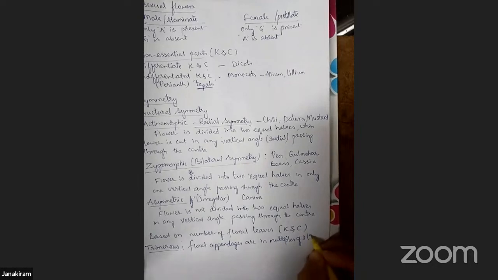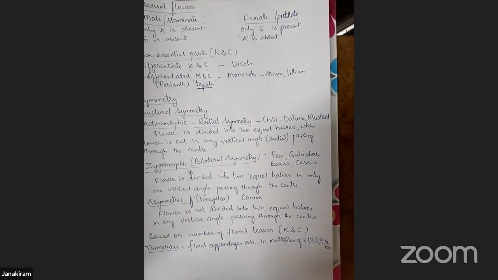Multiples of three means 3, 6, 9, 12, etc. That means every node present on the thalamus will have three. Sometimes more numbers of whorls are present, not only four, there may be more in number also.